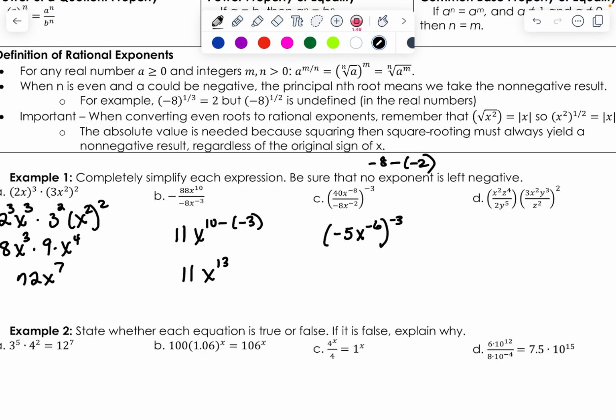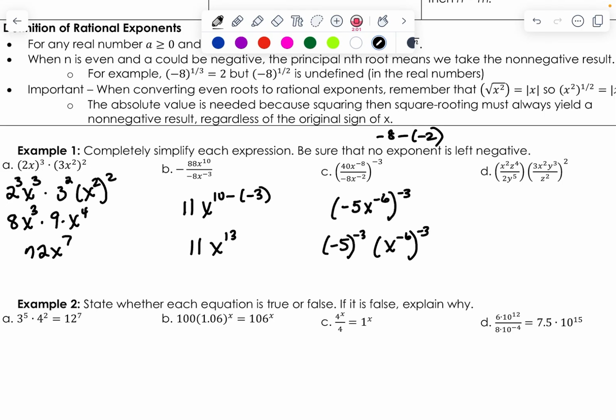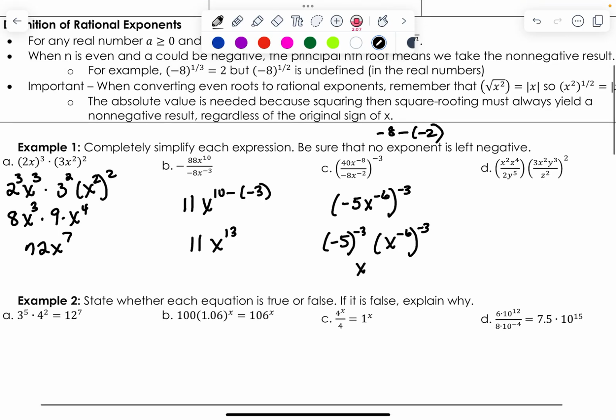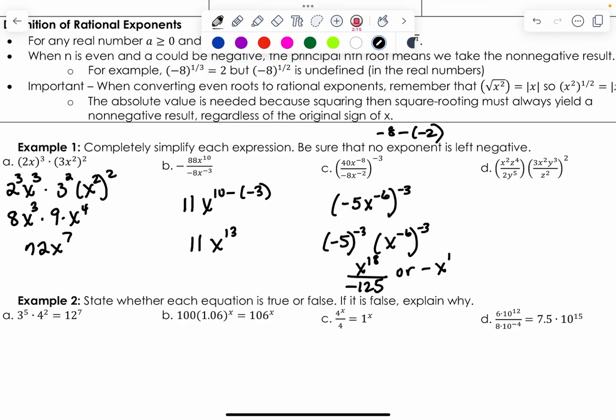Then I'm going to kind of do this in parts, and this might not be the most efficient way, but this is one way to do it. So that's negative 5 to the negative third. And then I have x to the 18th, and then that's going to be a negative 125. Or you can put the negative up in the top, like that.